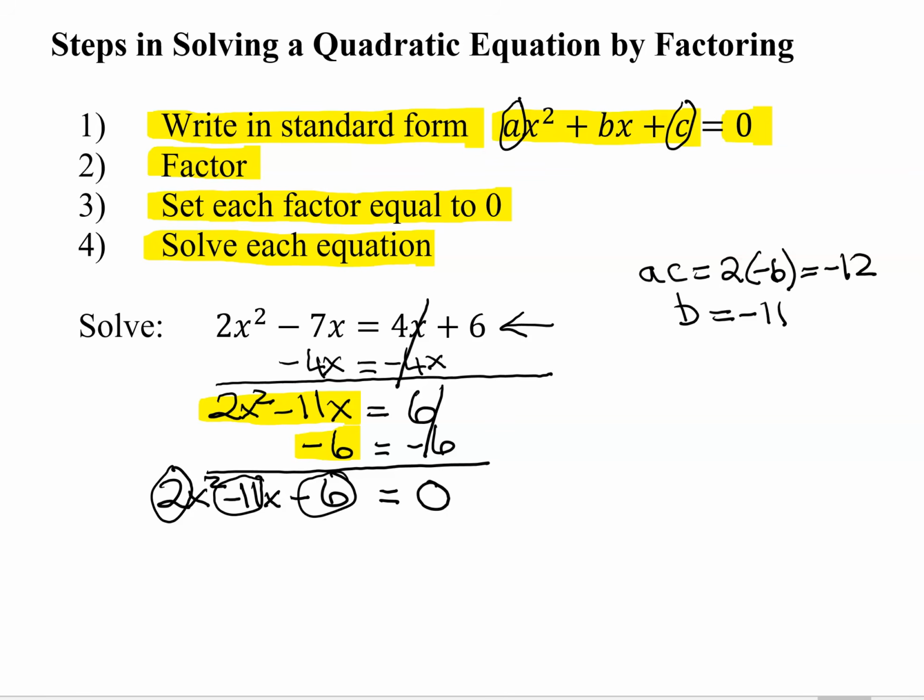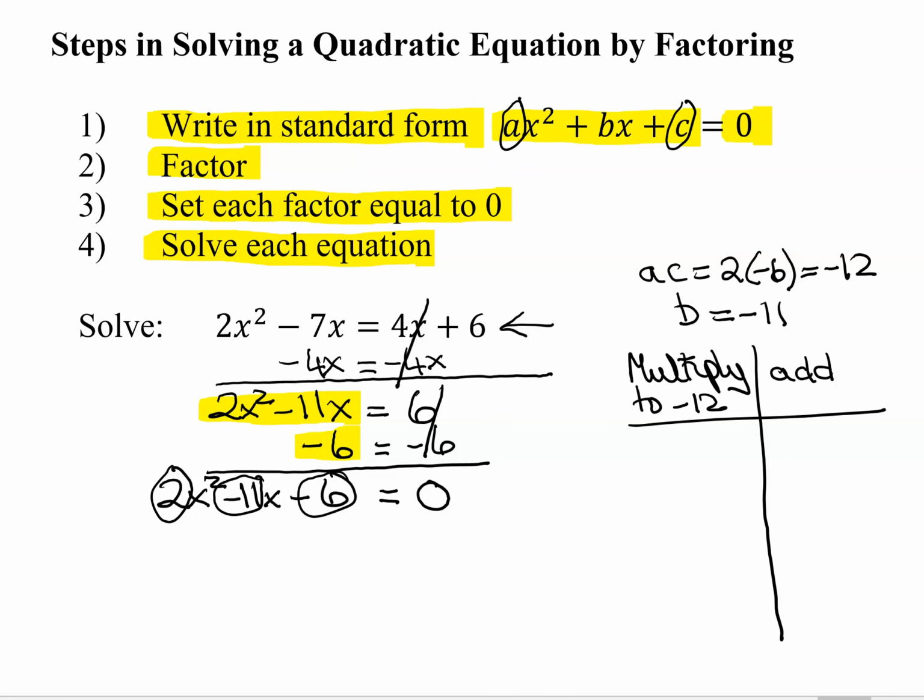So by this method, I need to find two numbers that multiply to AC, negative 12, and they need to add to B, which is negative 11. Well, this one's fairly easy.